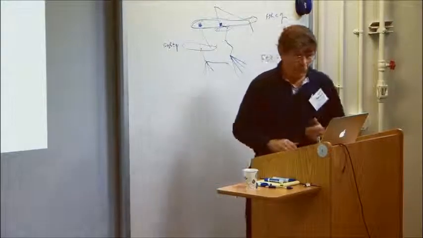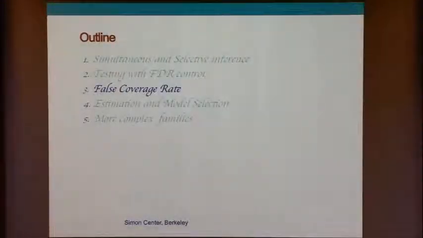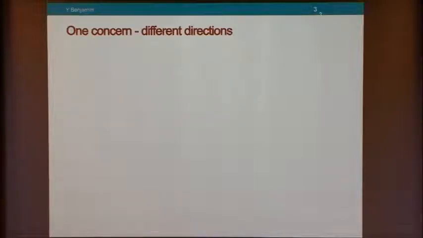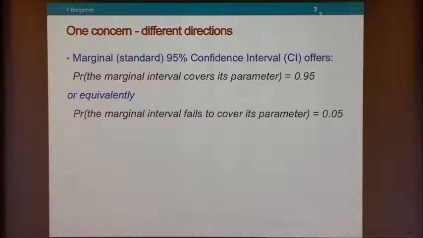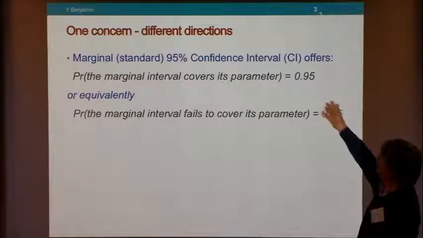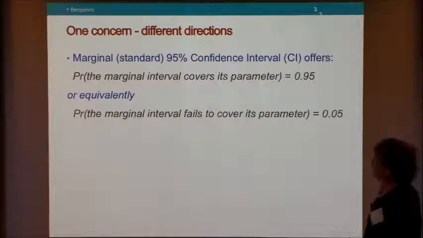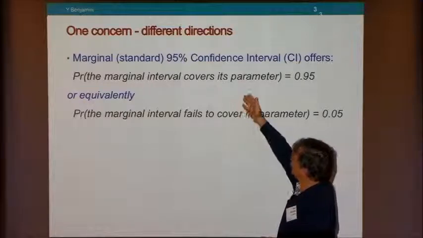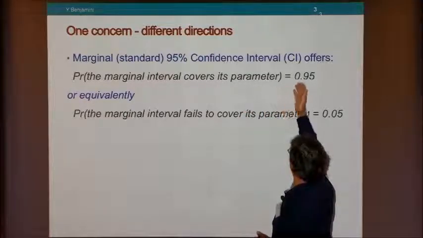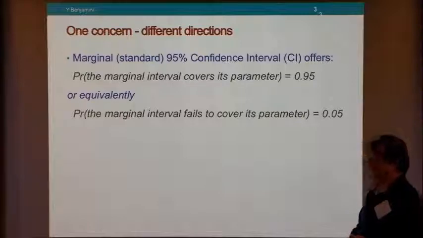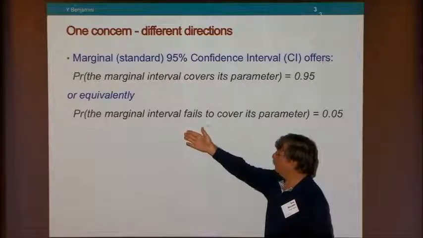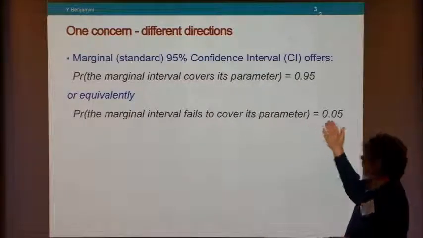So what I want to talk about now is the false coverage rate, and you will see that some of the ideas just appear again, some are new. What appears again is that the marginal standard 95% confidence intervals offer that the marginal interval covers its parameter with probability 0.95, or equivalently, the probability that it fails to cover its parameter is 0.05.